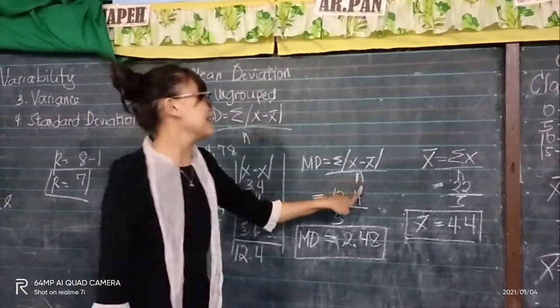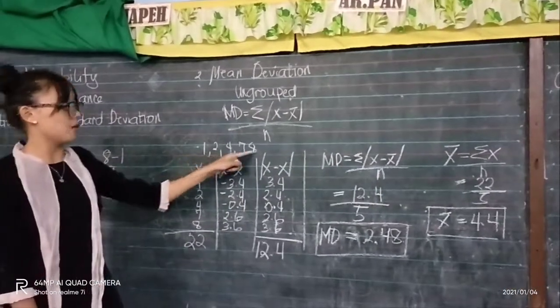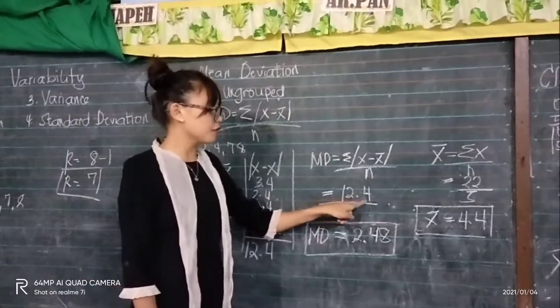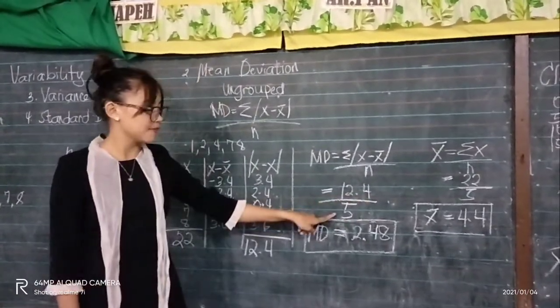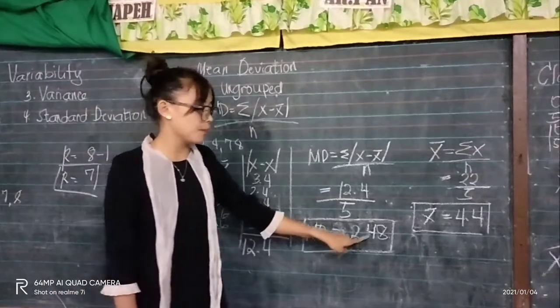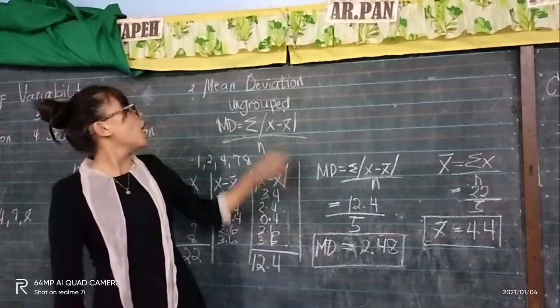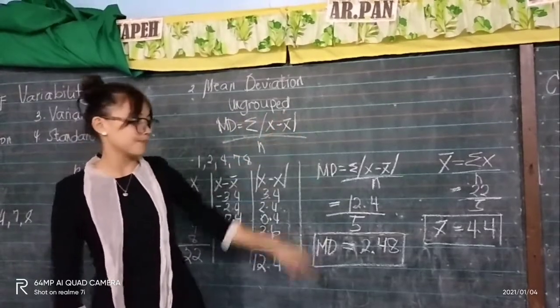And n is the number of our data, so we have 5. 12.4 divided by 5 is equal to 2.48. So this is our mean deviation of ungrouped data.